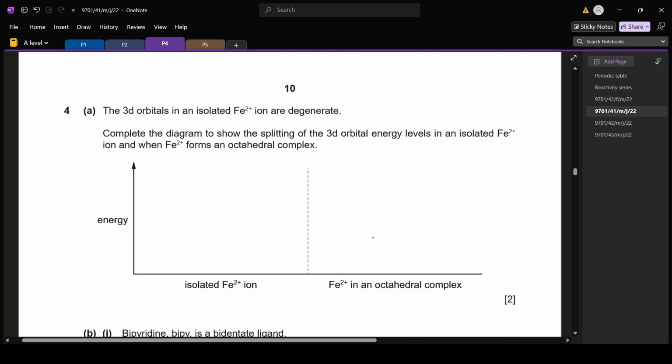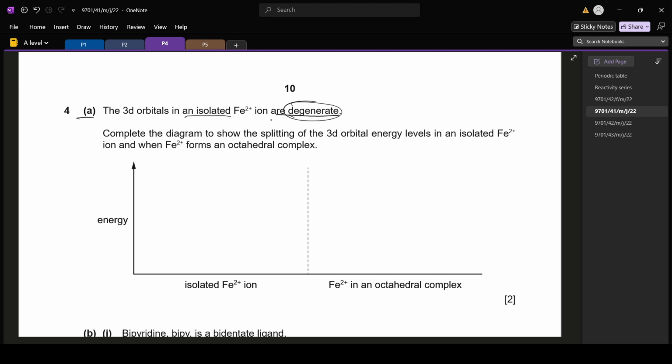Moving towards the next question, question number 4. Part A: the 3d orbitals in an isolated Fe2+ are degenerate. Degenerate means of the same energy level.